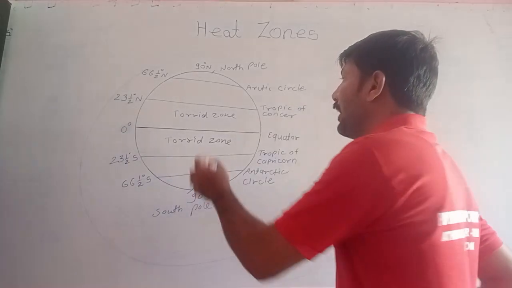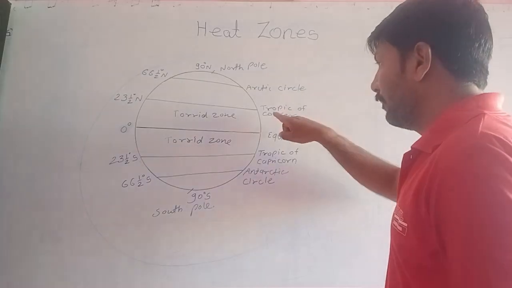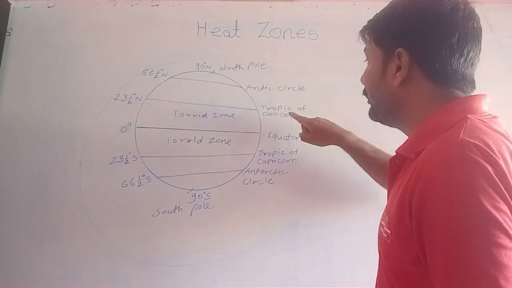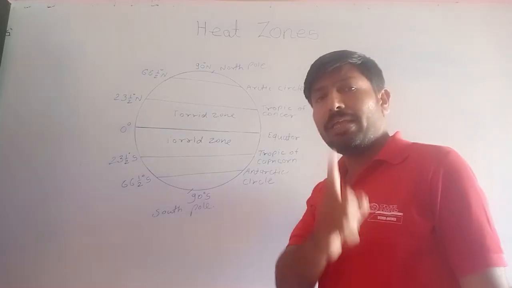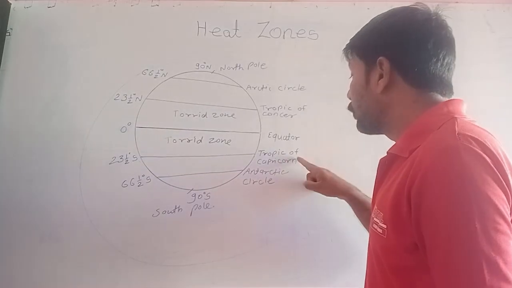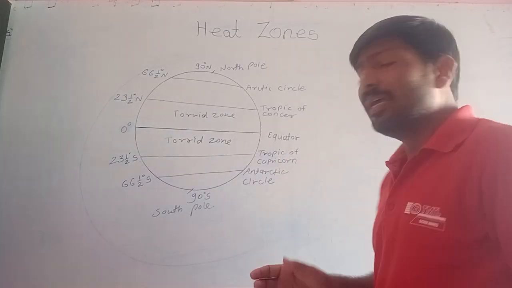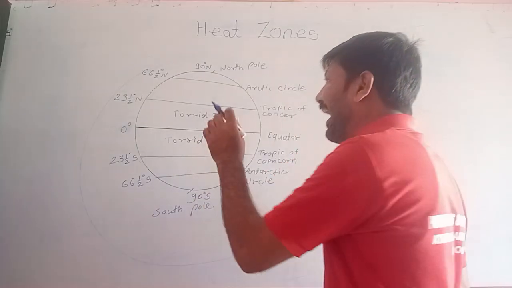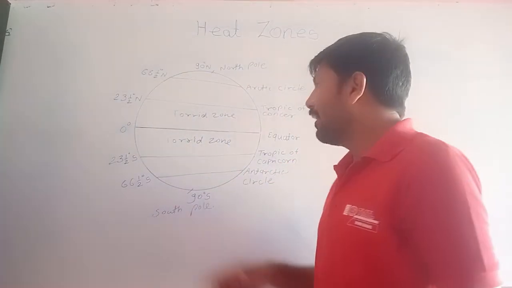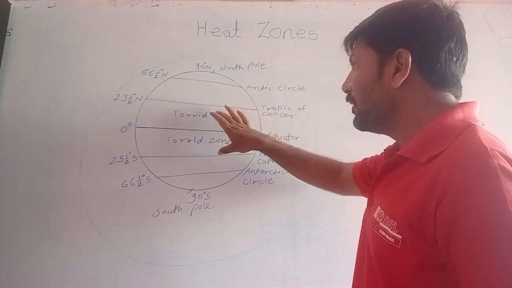As you know, the area which lies between Tropic of Cancer and Arctic Circle, as well as the area which lies between Tropic of Capricorn and Antarctic Circle, receives a little bit slanting sun rays. That area receives comparatively fewer sun rays than the torrid zone.